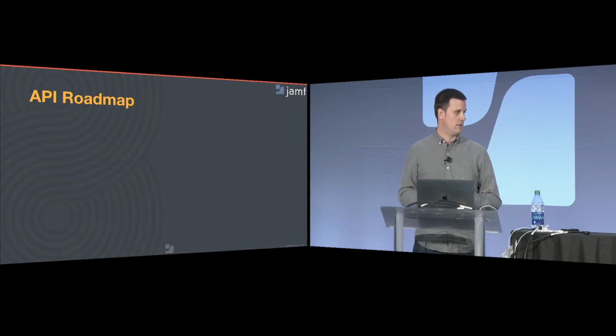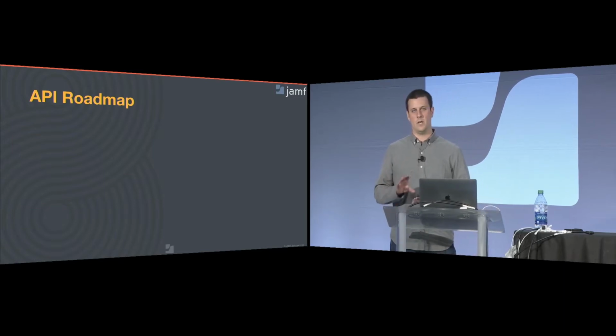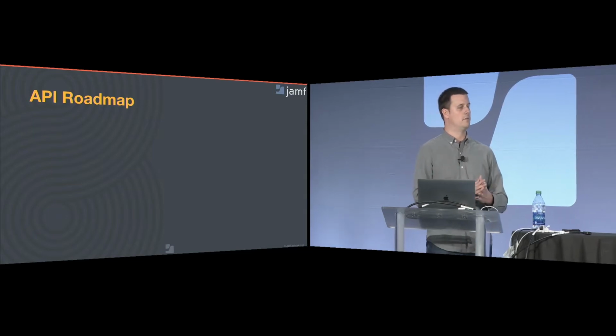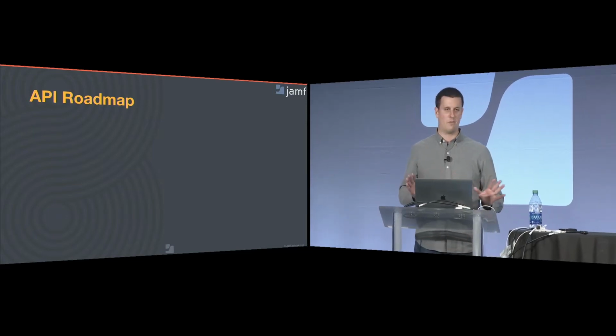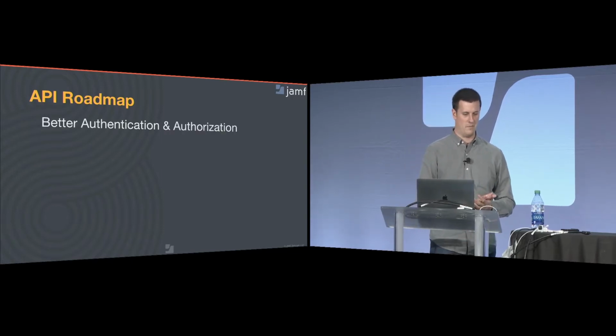And before I dive into this, I kind of have to give a disclaimer here. All of this stuff that I'm about to talk about is kind of generalized ideas. None of this is necessarily guaranteed roadmap items, and there's no timelines that I'm able to associate with any of these.